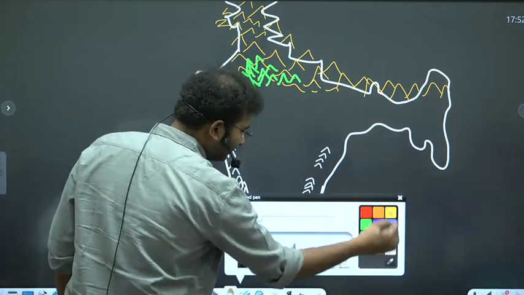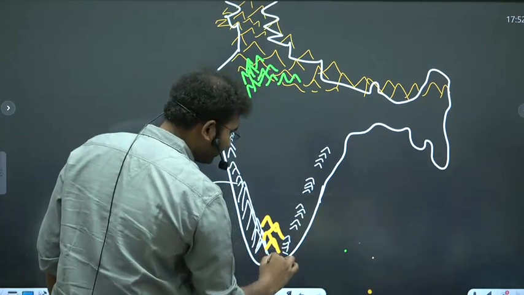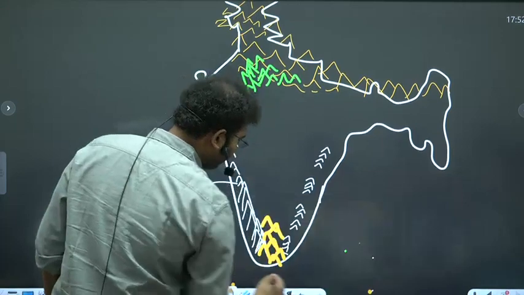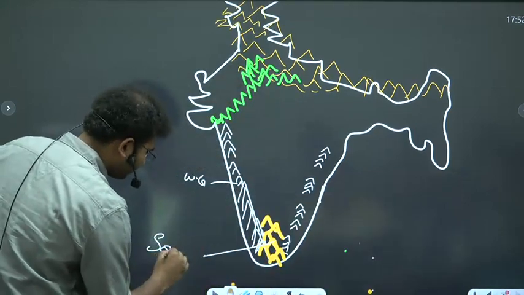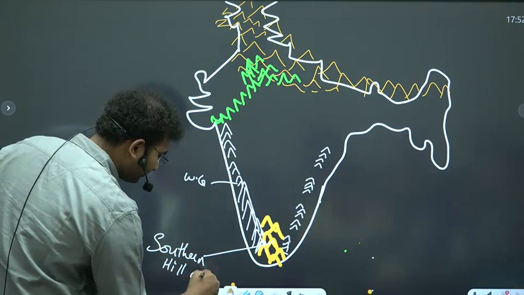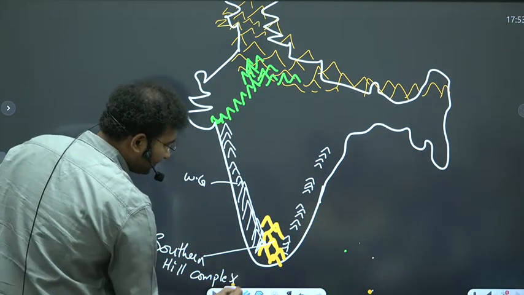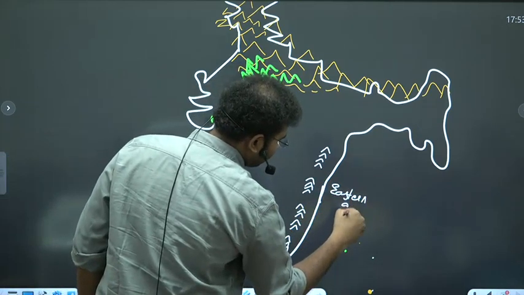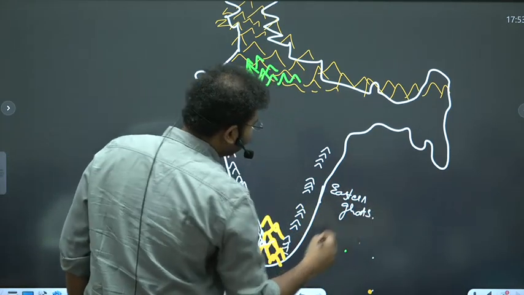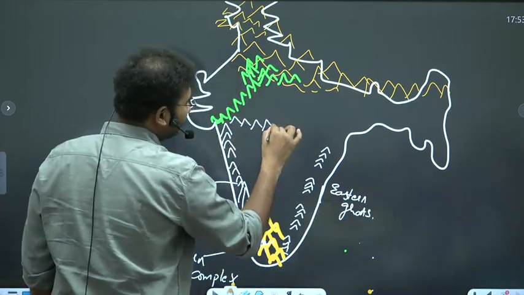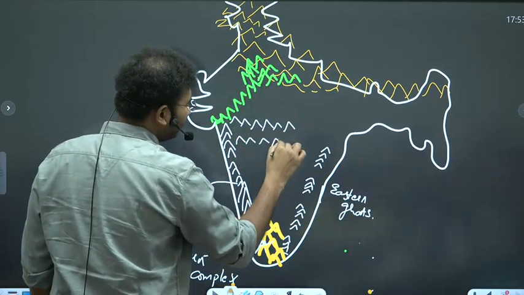In the south, you will find certain ranges of mountains. We call them the Southern Hill Complex. And these are your Eastern Ghats. And here you find two mountain ranges running parallel to each other.